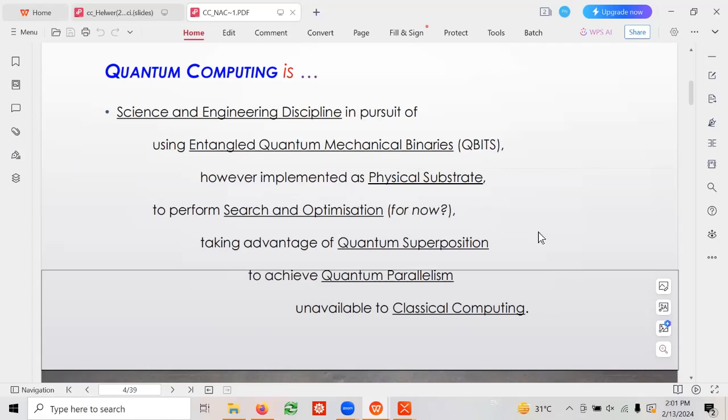What do I mean by not available? It means that certain problems that a quantum computer can do in an hour would take the best supercomputer in the world 5 times the age of the universe to solve.